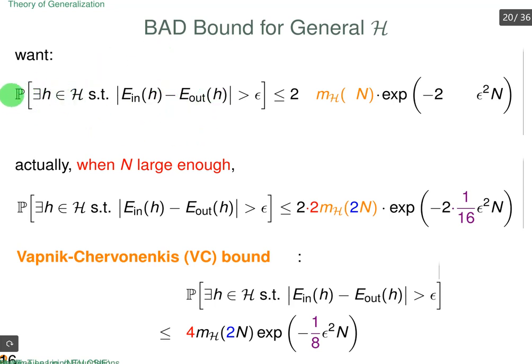What we have here is the probability that there exists a hypothesis in our hypothesis set that has the following bad event is now upper bounded by 2 times the growth function m of N, times an exponential.